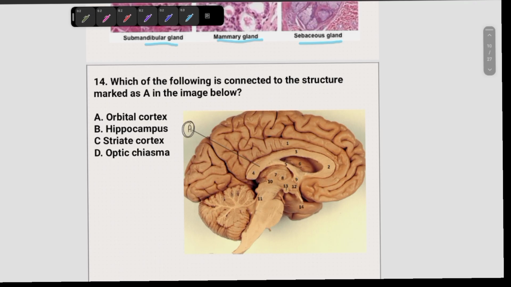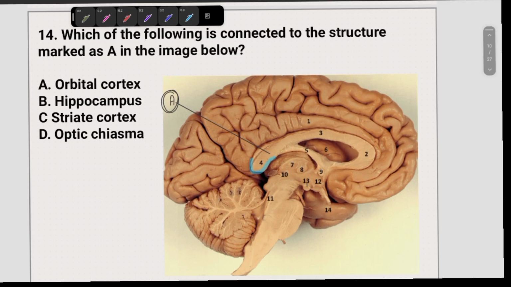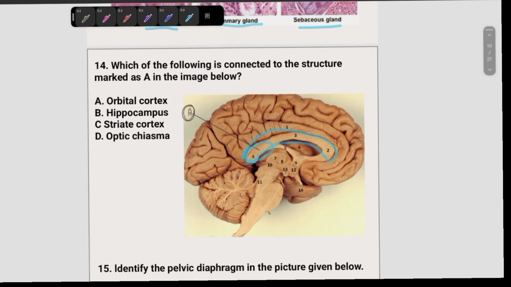Next, coming to the 14th one: which of the following is connected to the structure marked A? We have discussed in the previous section what A is. A is nothing but the splenium of the corpus callosum. This is the genu, this is the body of the corpus callosum, and the last one is the splenium. They have not asked the straight question.